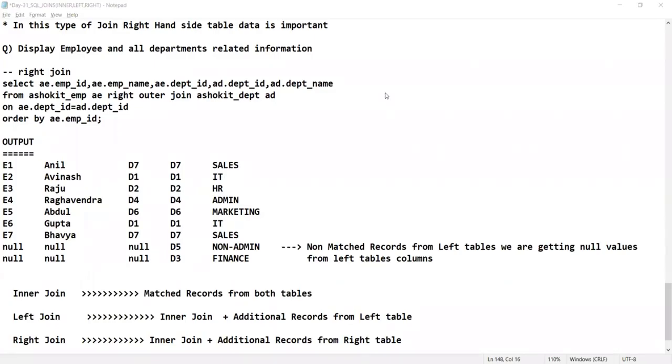Come on, guys. Are you clear or not? Okay. So far, we have better understood working with the joins, inner join, left join, and right join, sir, with two tables.